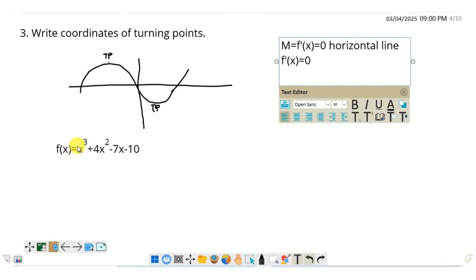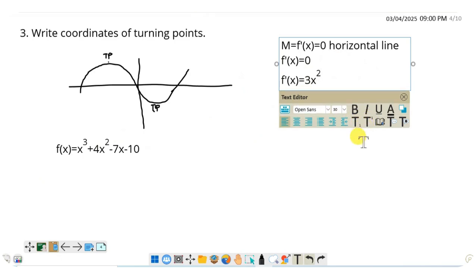So the derivative is 3x to the power 3 minus 1, plus 4 times 2 is 8, x to the power 2 minus 1 is 1.